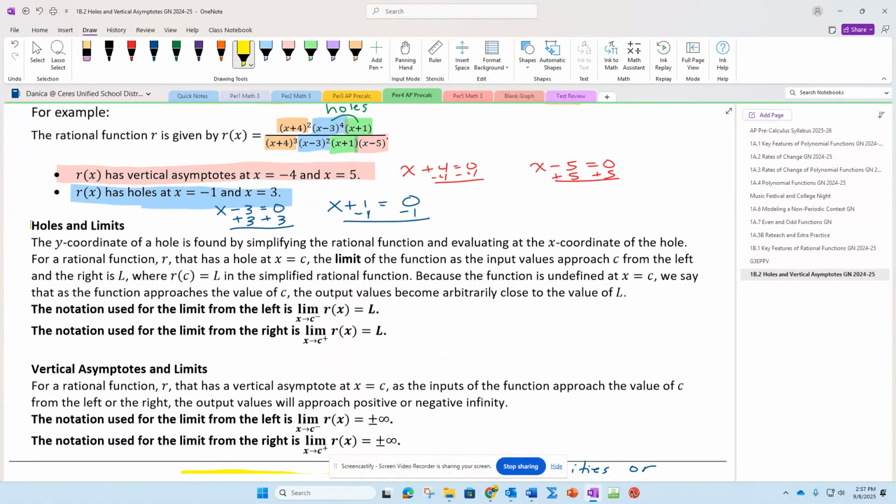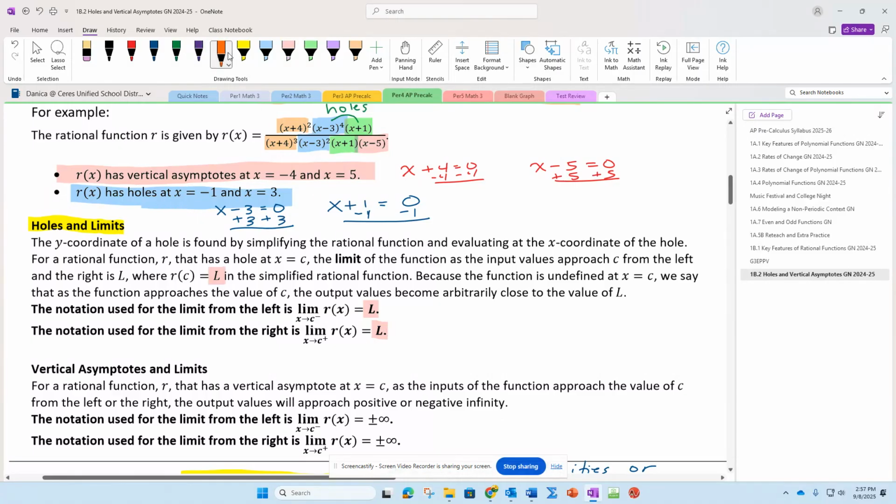holes and limits. So the idea of writing the behavior of the function as it approaches the hole is, here we're using the c and the L again. So our L is our y coordinate, and so in our limit notation, we would be equal to our L value, or our output, our y.